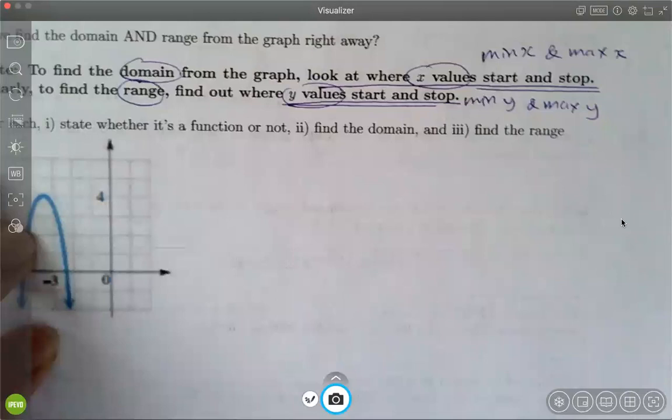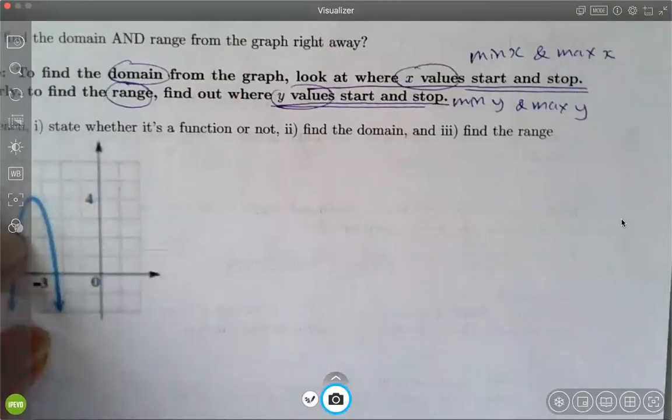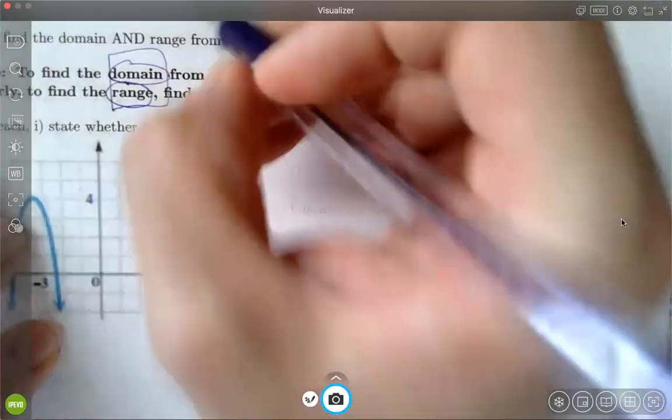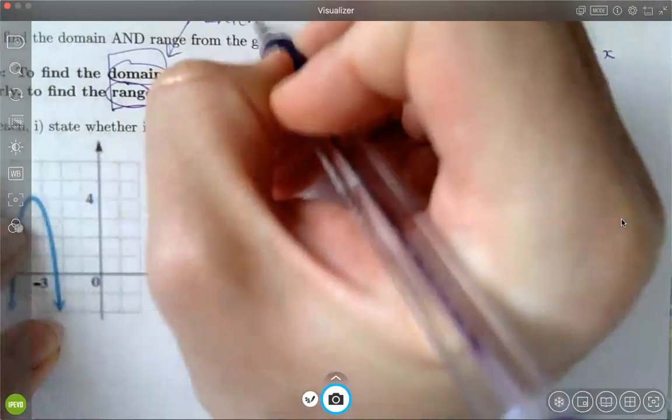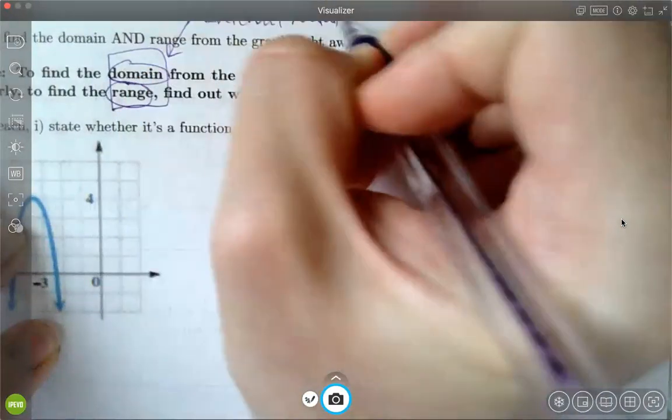And one more. For the graphs, the way to represent the domain and the range is to use the interval notations.